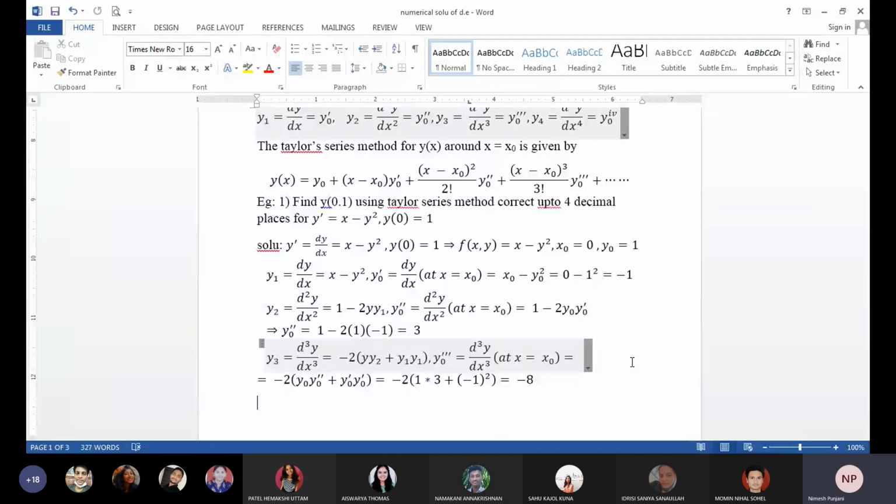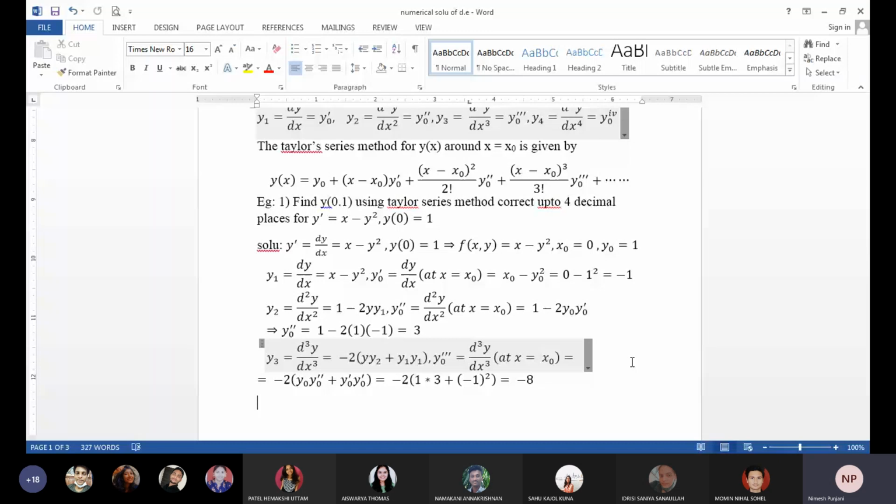For the derivative of y square, we have to use the composite formula, the chain rule. So the derivative of y square is 2y into dy/dx. Taking dy/dx as y1, we get the answer as 1 minus 2y into y1. This is what you get for your y2.